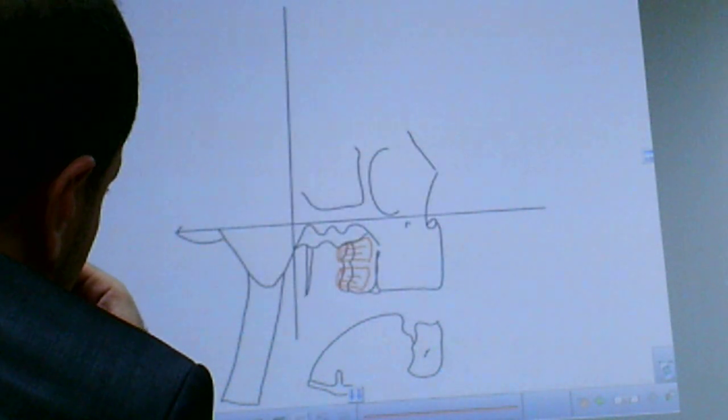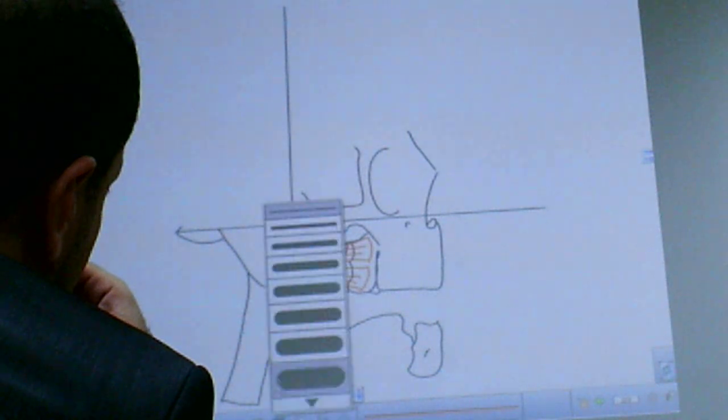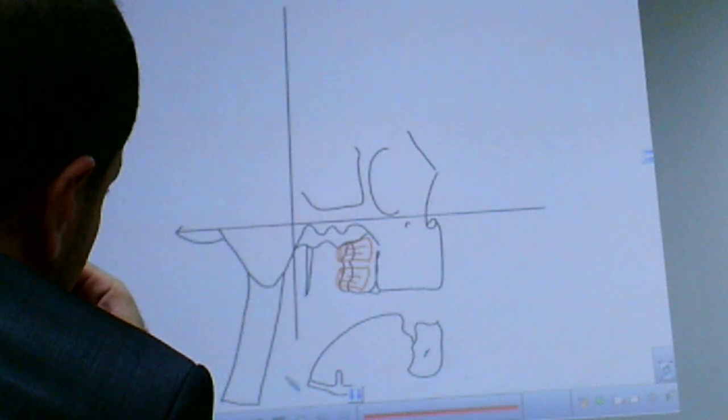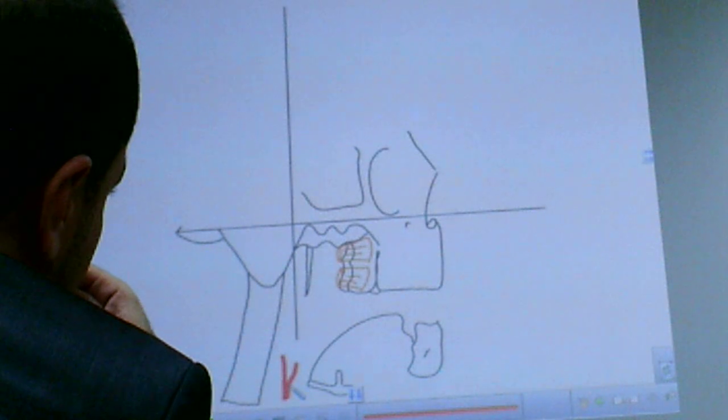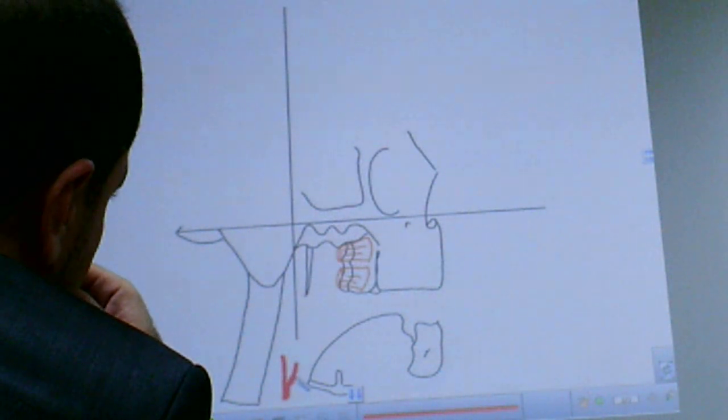So we will see this area, which is the infratemporal fossa, with the lateral pterygoid plate, the maxilla, and a little bit of the pterygoid. Here the medial plate of the pterygoid bone.